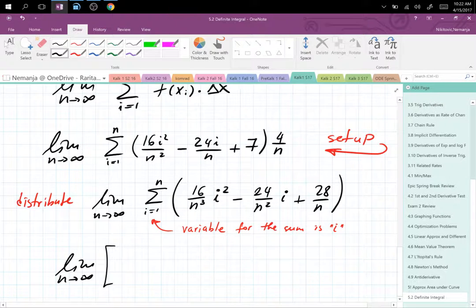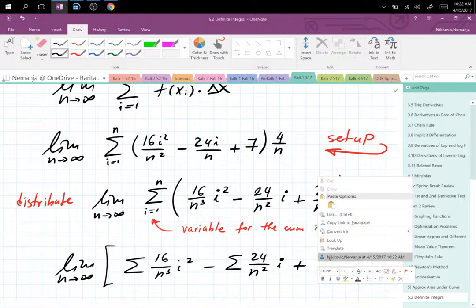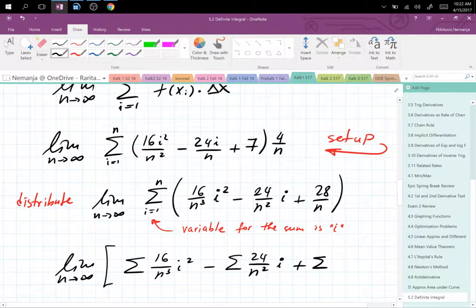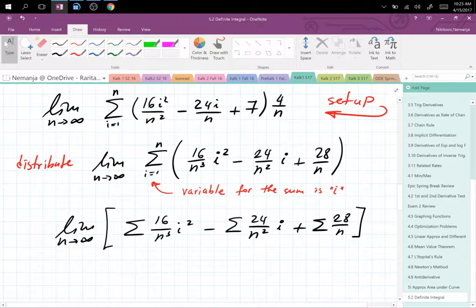But let's do one step at a time. Summation of 16 over n cubed i squared minus the summation of 24 over n squared i plus summation of 28 over n. All of these summations go from 1 to n.